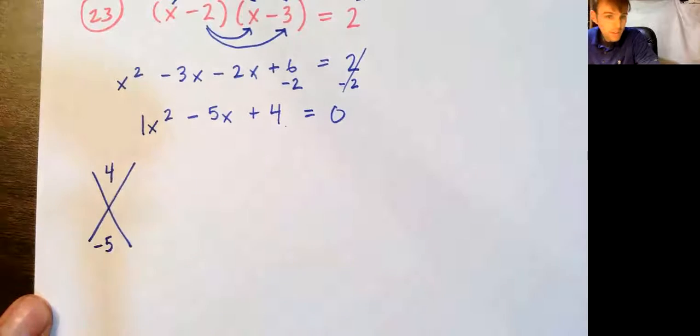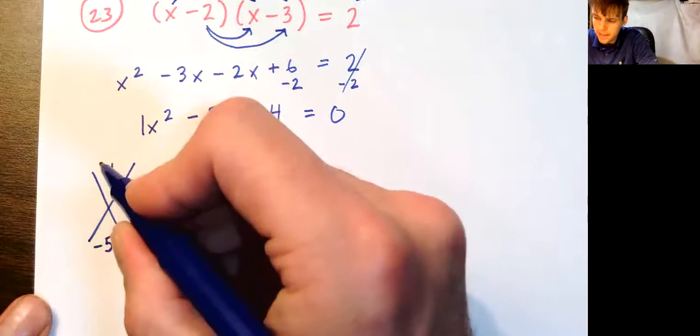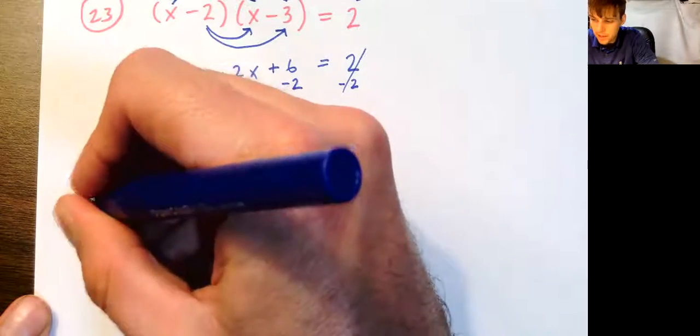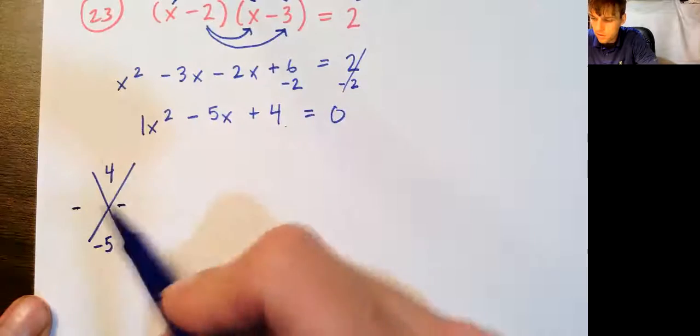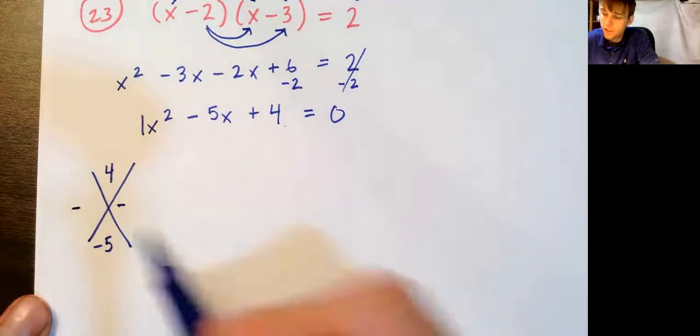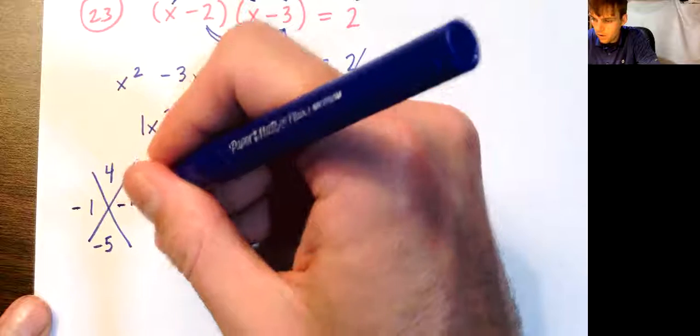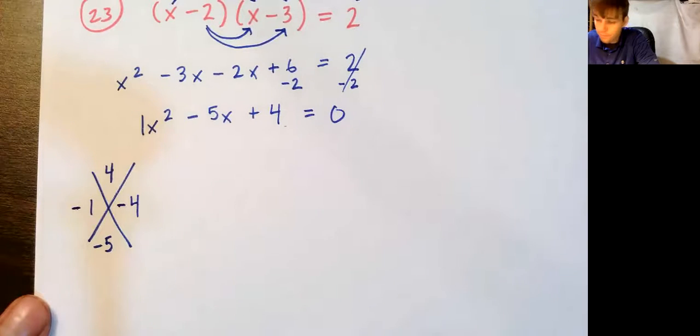I need 2 numbers that multiply to 4 and add to negative 5. This is a little tricky because I'm multiplying and getting a positive, but I'm adding and getting a negative. So that tells me I need 2 negative numbers. 2 negatives will multiply to be a positive, but when I add them together, I'll get the negative. So negative 1 and negative 4 are my numbers.